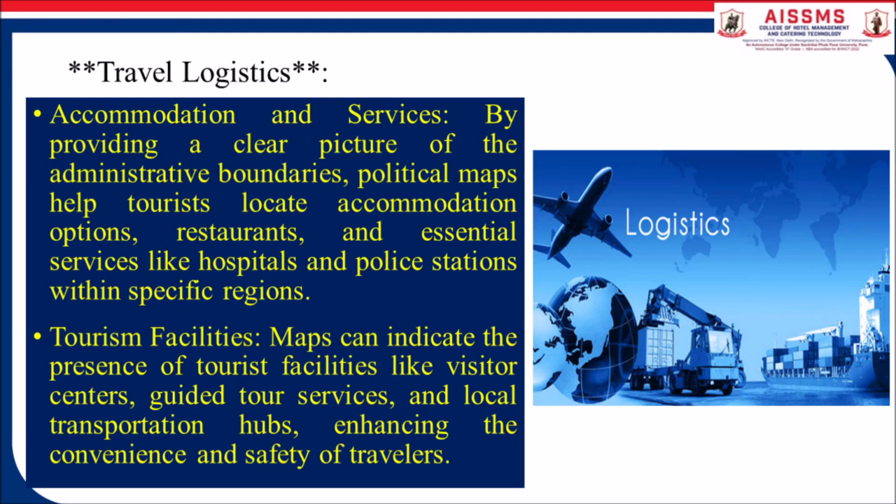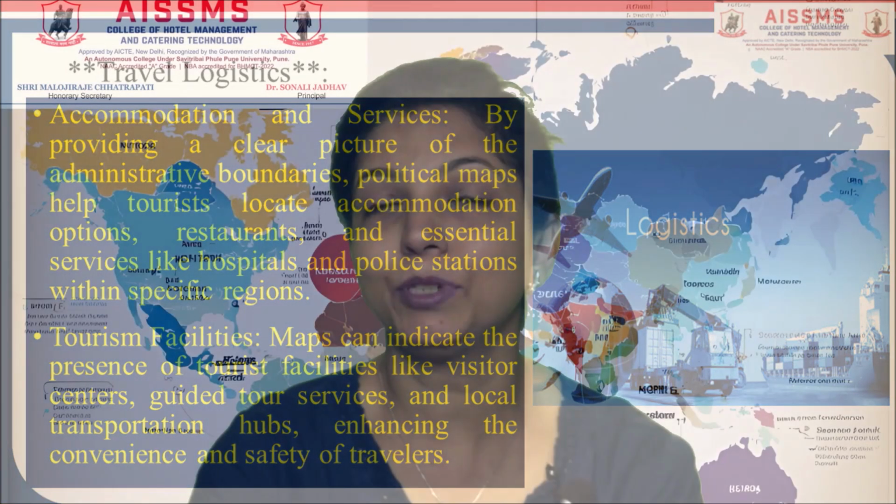To give you a very common example of Goa, the political map may help the tourist in assisting the accommodation services as well as the ancillary travel services.